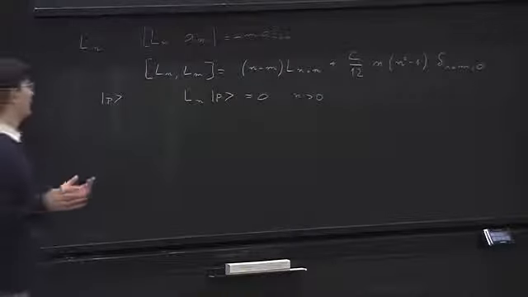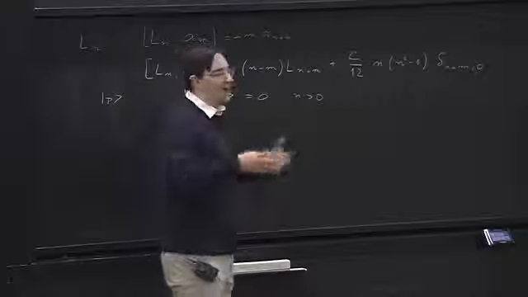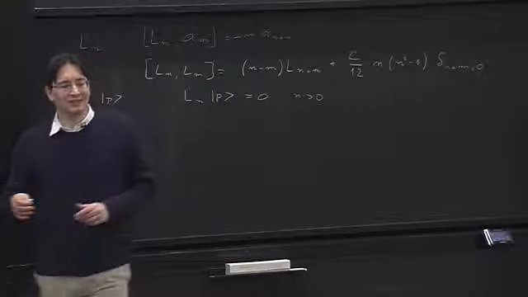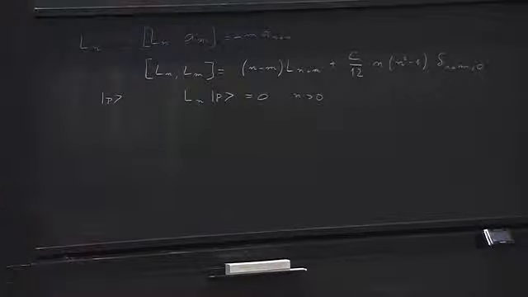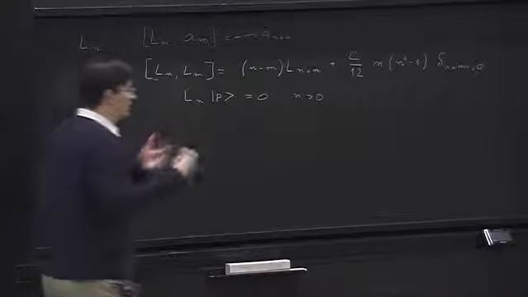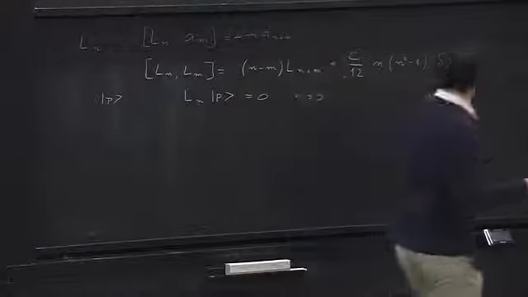This simply follows from the fact that this state is built out of a's with positive index. It's normal ordered, so there's always an a with positive index which kills |p>.